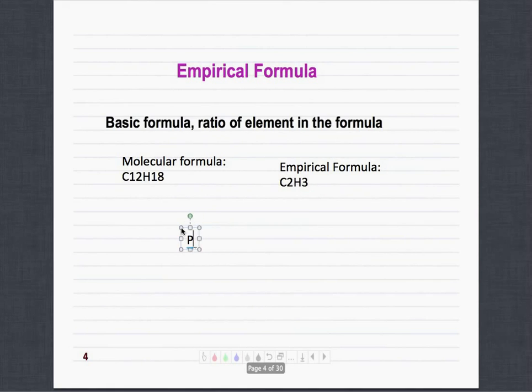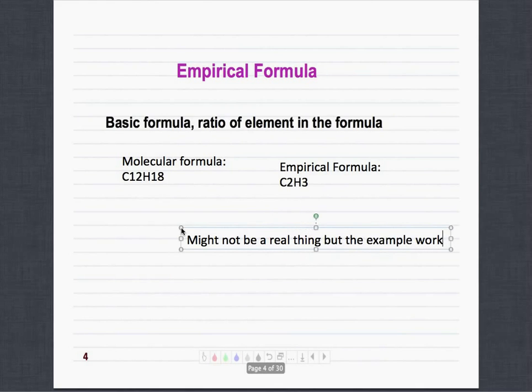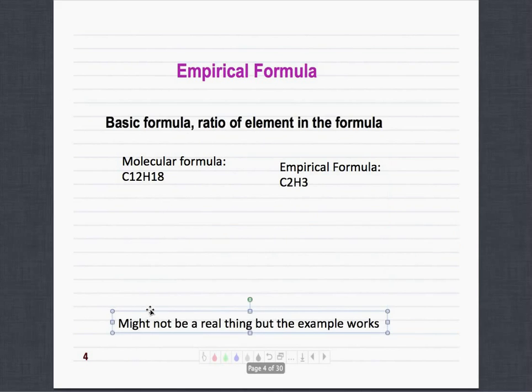Let's say my compound has carbon and hydrogen. What I'm going to get from that empirical formula is the ratio of how many carbons I have to how many hydrogens. But that doesn't imply that this is the molecular formula. The molecular formula is going to be determined using the empirical formula and the molar mass of the compound.